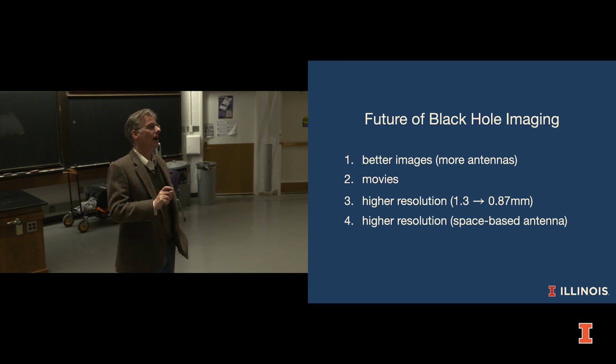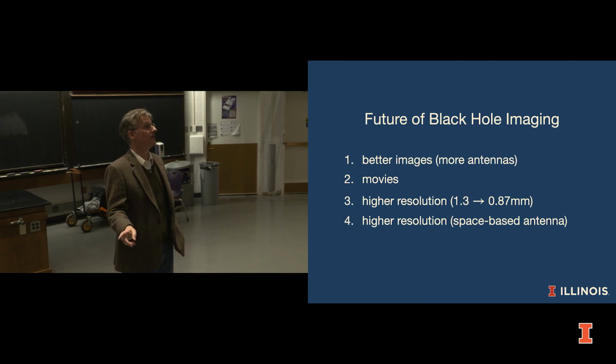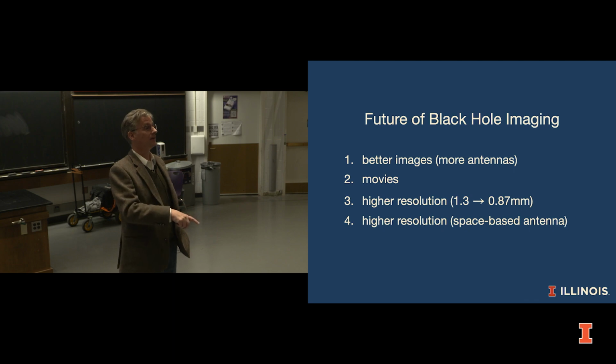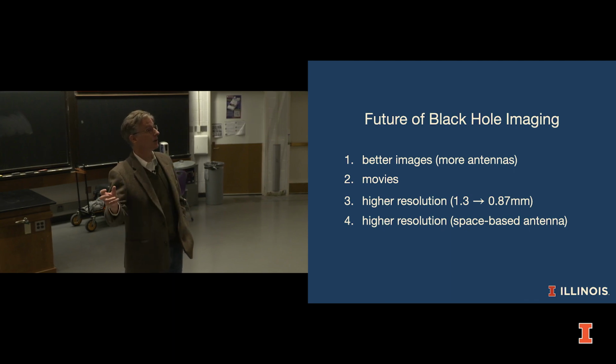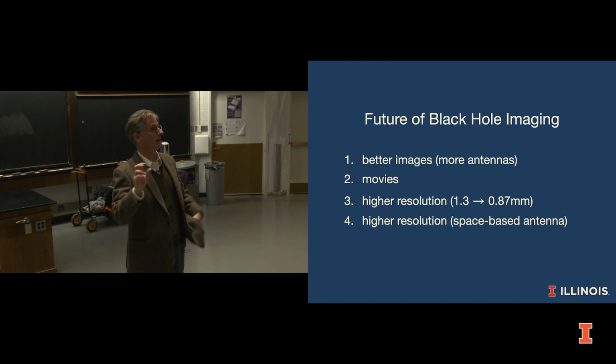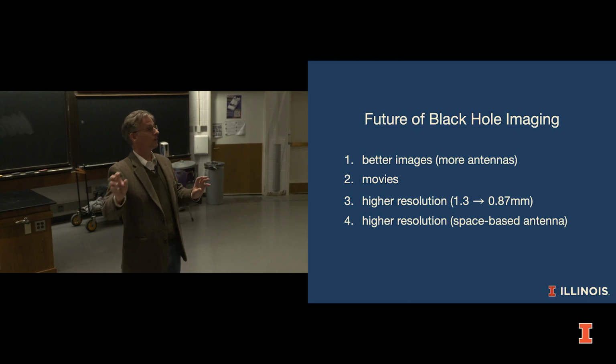So the idea is to put an antenna in space. It functions just like another millimeter wavelength observatory on the Earth. It pairs up with instruments that are on the surface of the Earth, and you correlate the signals at the two antennas, one on the Earth and one in space.